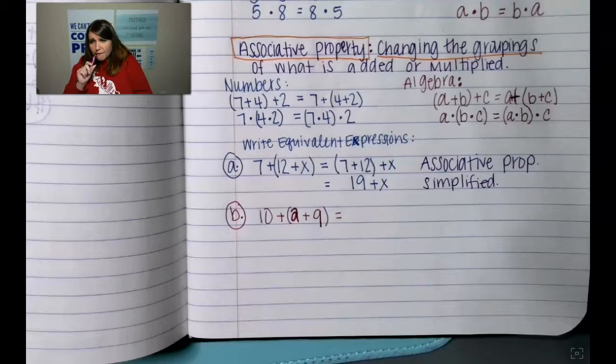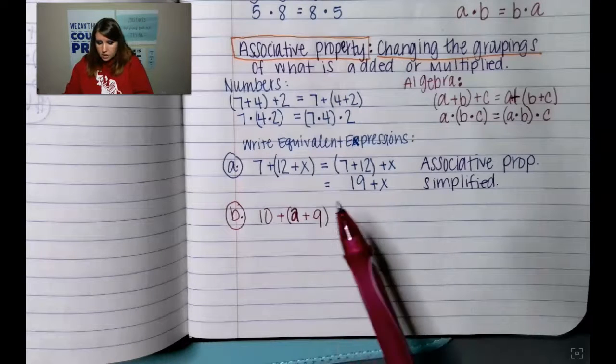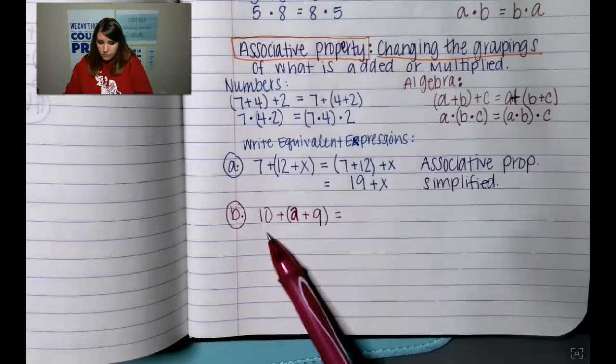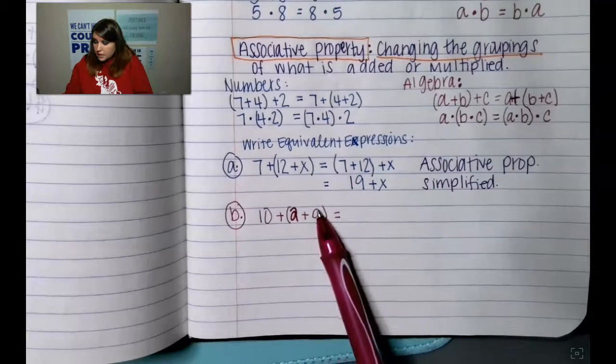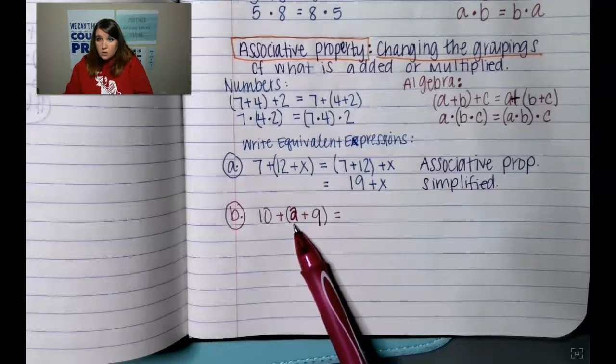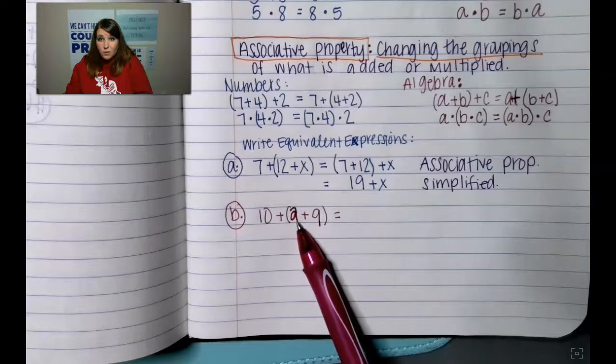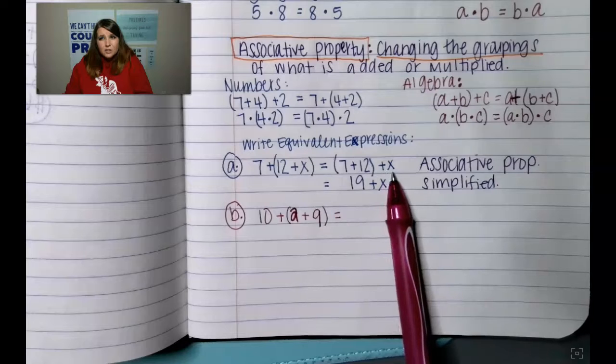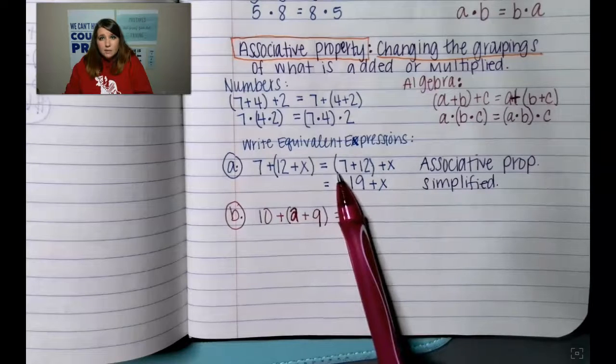Because if I just move my parentheses around, all I am going to do is just put this A right where it stays. And I want to try to get my A either to the end or to the beginning.